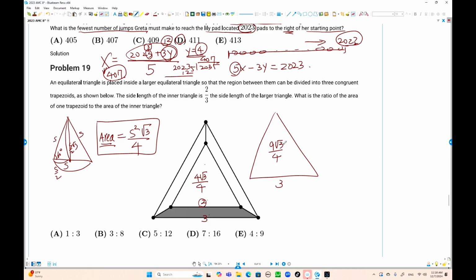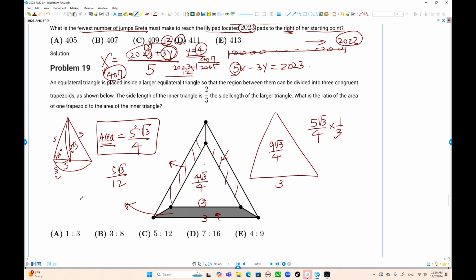So 9 root 3 over 4 minus 4 root 3 over 4, when you subtract, 9 minus 4 is 5, root 3 over 4 is the area of these 3 trapezoids. But each one is how much? Divided by 3, times 1/3, right? So this area equals 5 root 3 over 12.